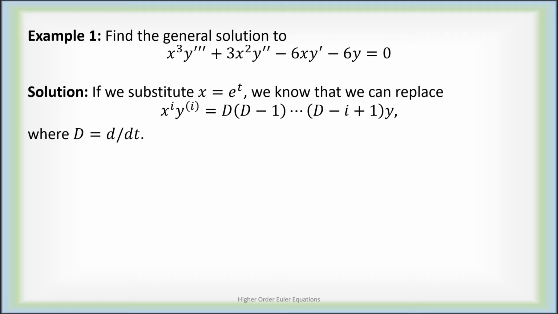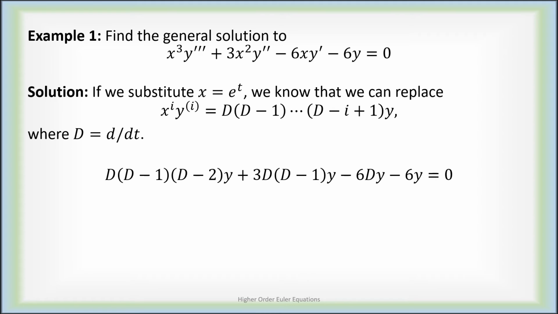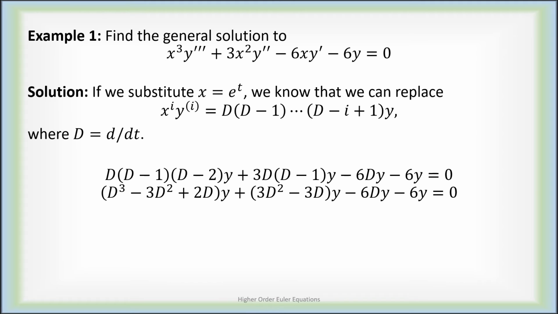So when we do that on the problem here, x cubed y triple prime becomes D minus 1, D minus 2 of y. This 3 is there, otherwise x squared y double prime becomes D minus 1 of y. The 6 sits right there, otherwise xy prime is just D of y, and the 6y stays where it is. Multiplying everything out, we have D cubed minus 3D squared plus 2D of y, plus 3D squared minus 3D of y, minus 6D of y minus 6y equals 0.